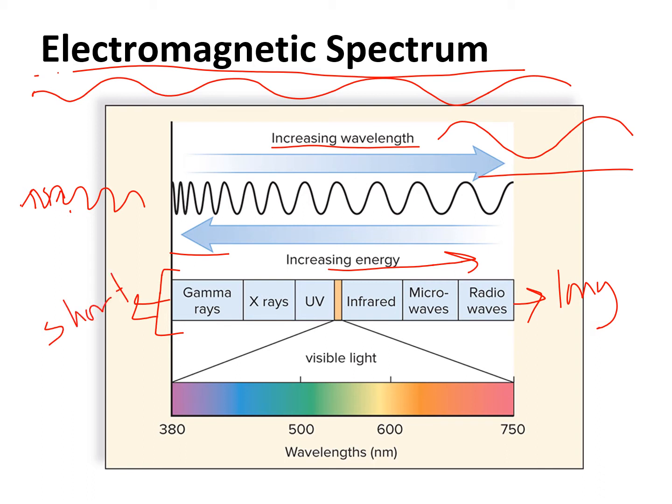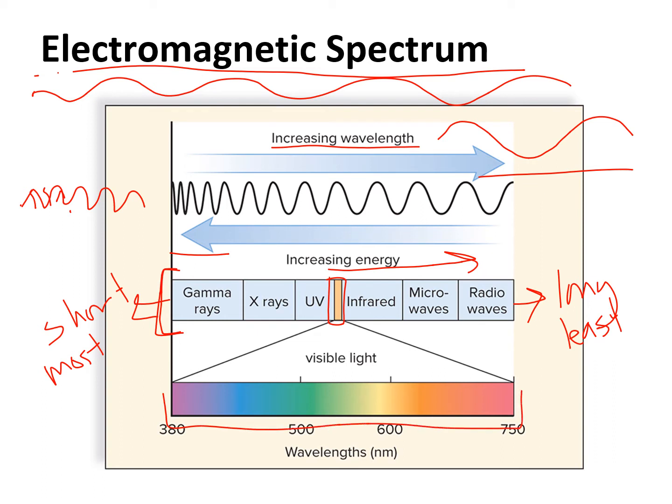And also, if you're thinking in terms of energy, this has the least amount of energy, and this has the most energy on this side. And so these are all the different photons arranged by wavelength. And the one we are most familiar with probably is visible light, because this is what we can see. When you separate white light out, when you separate those photons out by wavelength, you get the rainbow.